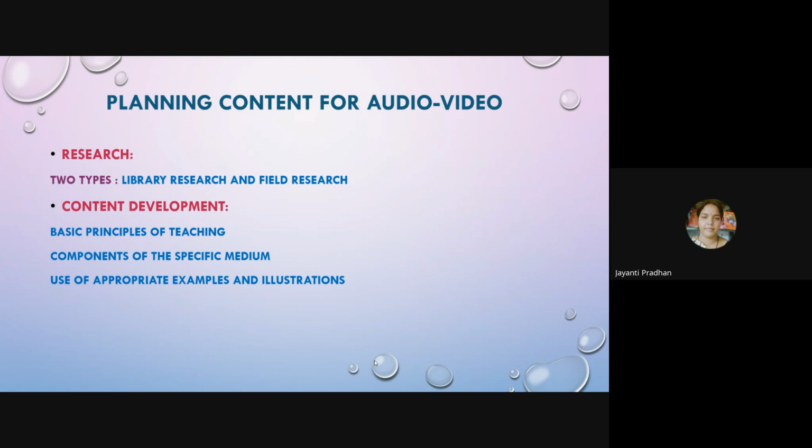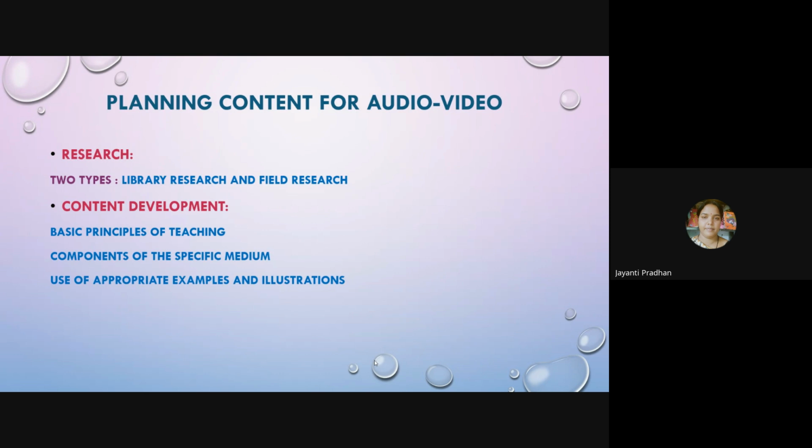That means here what kind of content is relevant for what, we can find out by reviewing different articles or by collecting data from the field. So here research plays a vital role. Two types of research, library research and field research, are relevant for this aspect.